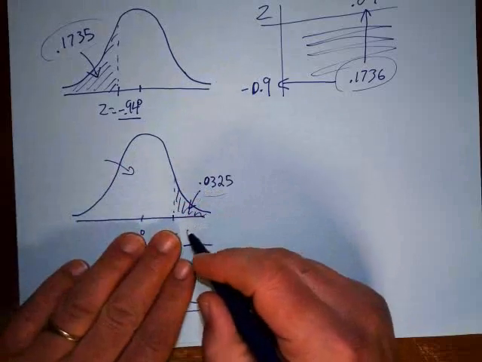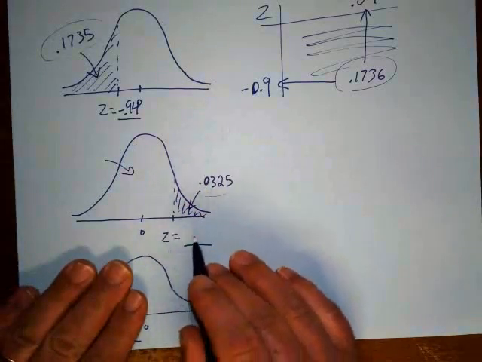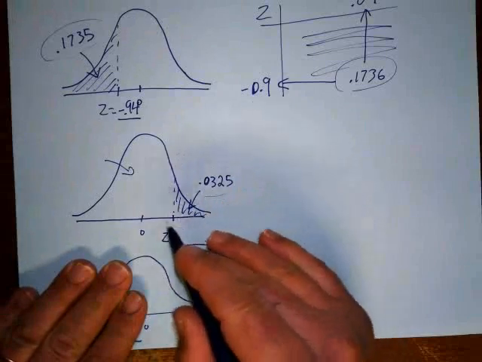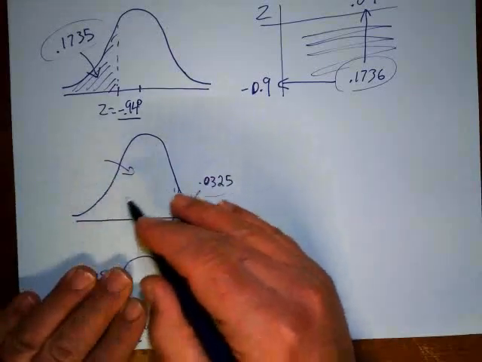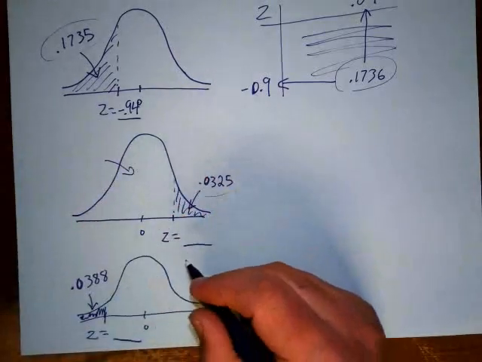Okay, and this makes sense because when you actually look up a z-score, it doesn't give you the area here. It gives you the area on this side. So I need to look up the area on that side.